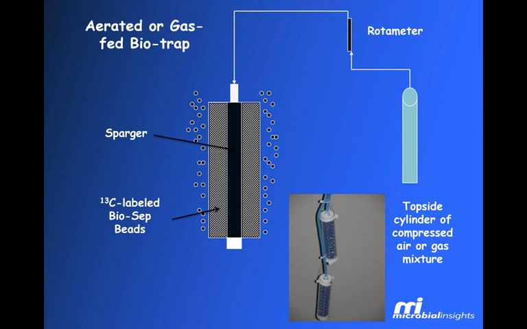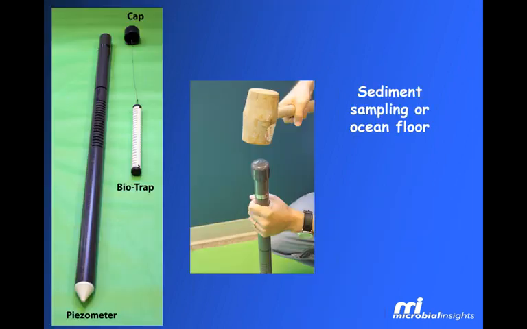Here's another type of biotrap design, in which the client wanted to directly sparge the biotraps and to change the equilibrium dissolved oxygen concentration in the biotraps by sparging each one of the biotraps with a different partial pressure of oxygen in the sparging gas. And then here is another design.